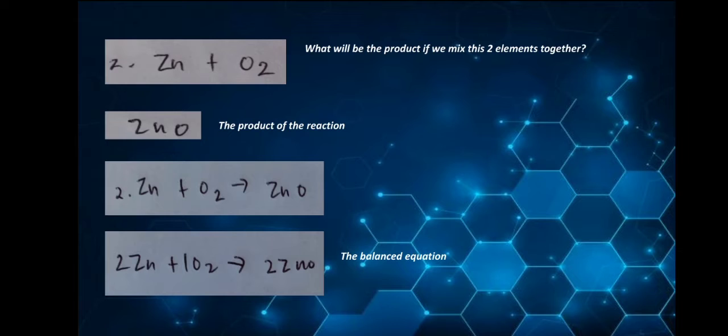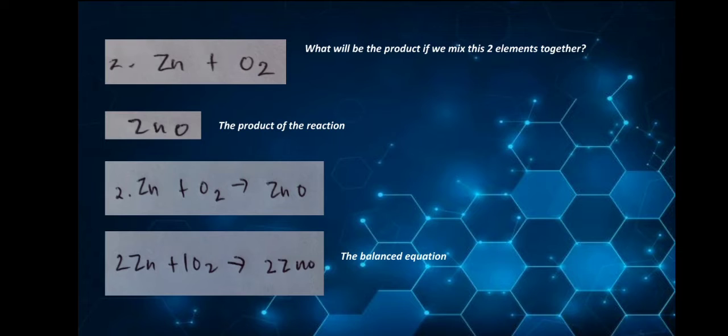Okay, the next one, we have zinc and oxygen. What will be the product if we mix these 2 elements together? Well, if we mix 2 elements together, we will have a combination reaction. They are going to build a compound. So now we'll get their chemical formula. Zinc has a positive 2 charge and oxygen has a minus 2 charge.